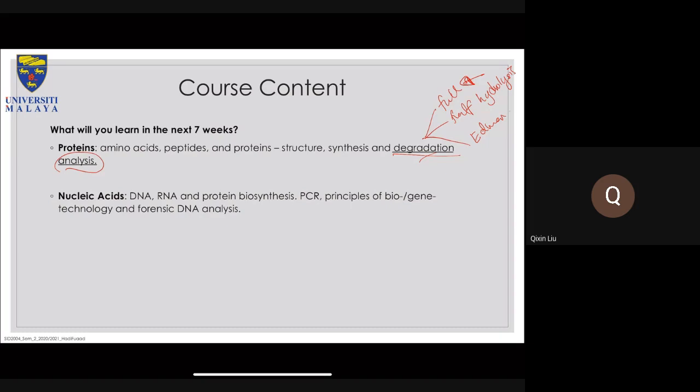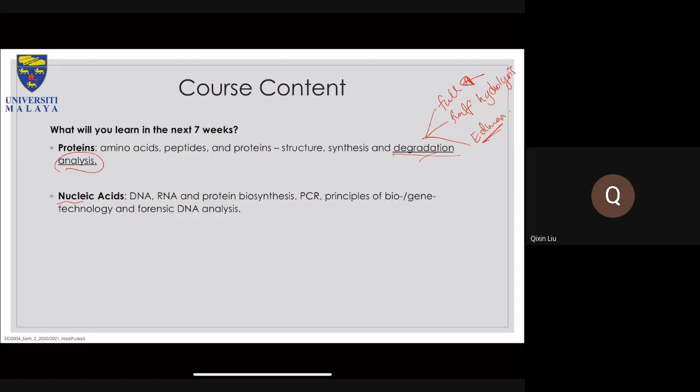So depending on which amino acid you want to digest, sometimes it might take a while, sometimes a short time. So Edman degradation is the better option for sequence analysis. We have finished all of those.